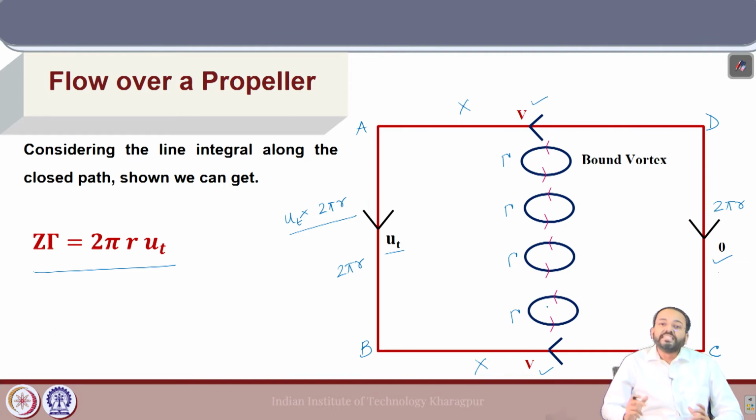Z times gamma will be equal to 2 pi r ut. So, this is the relation between the circulation and the tangential velocity induced far downstream for a propeller. Now, we will use this concept to relate the circulation to the blade thrust, torque and efficiency.